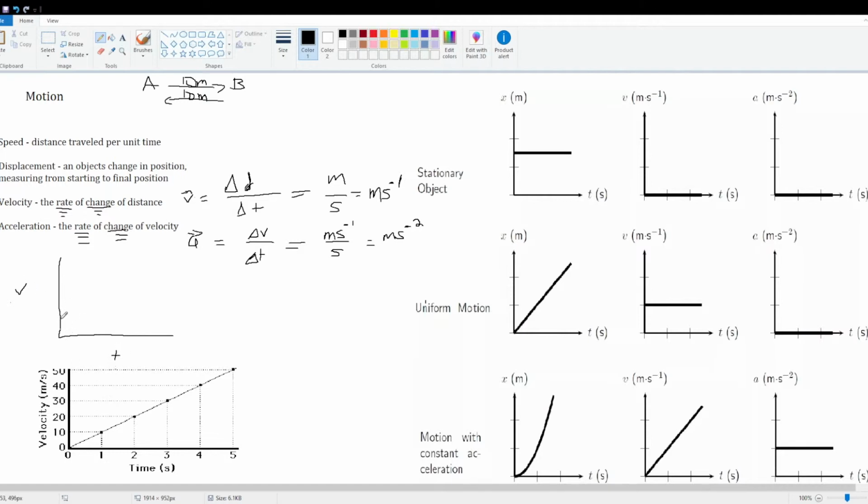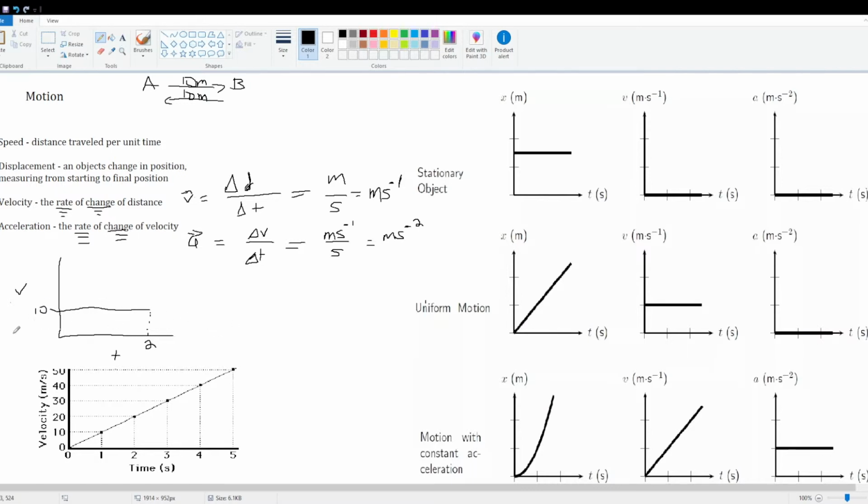Let's say I'm in a car and it's going 10 meters per second constantly. Please assume the line is straight. And we want to find, let's say after it goes 10 meters per second for 2 seconds, the acceleration and the distance traveled.